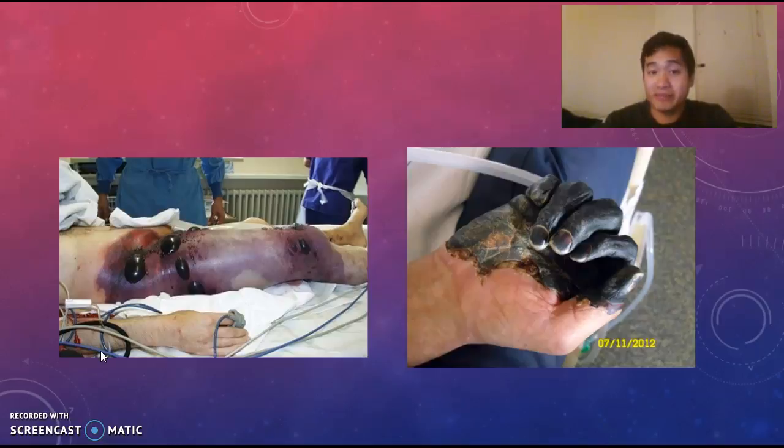And on the right is a picture of a man's hand after contracting the plague after trying to take a mouse out of his cat's mouth. You can see the dead skin on the hand. This picture was taken in 2012. He lost the use of his hand, and his cat also later died due to the disease.